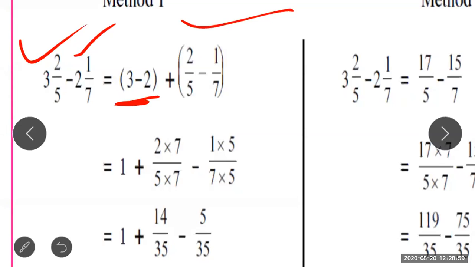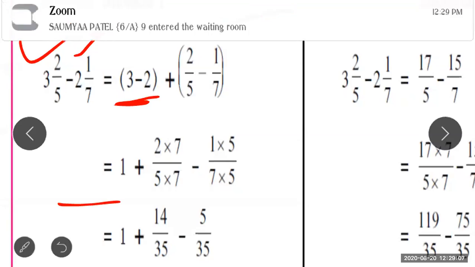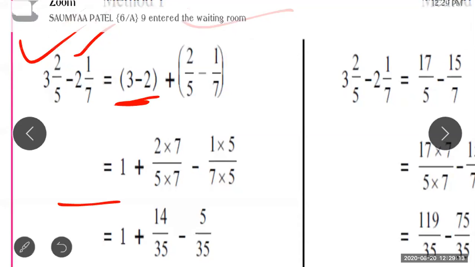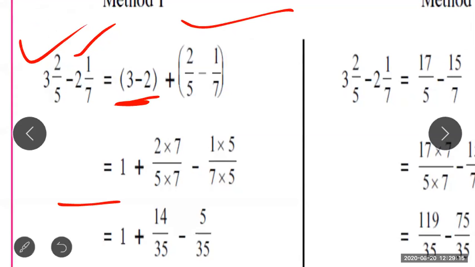Now 3 minus 2 is 1. Plus as it is you will write. Then here, what is there? There is no common denominator. Some students asked me, teacher, I don't understand the cross multiplication. Now you will understand how you are going to do it. First it is 2 upon 5 and then it is 1 upon 7. Now the denominators 5 and 7 are not common.